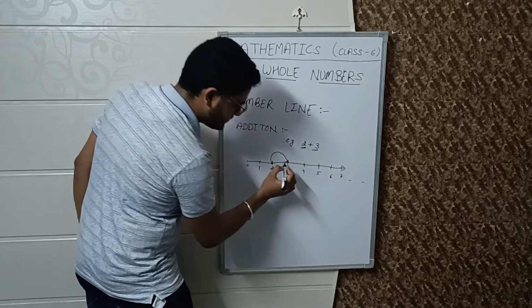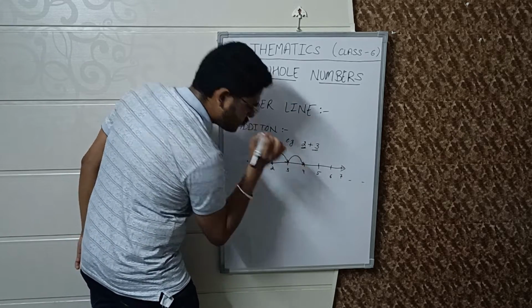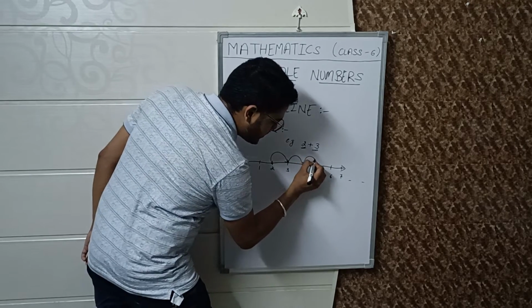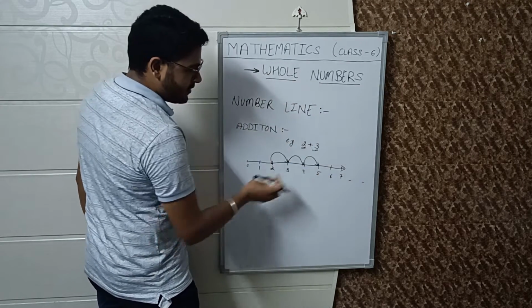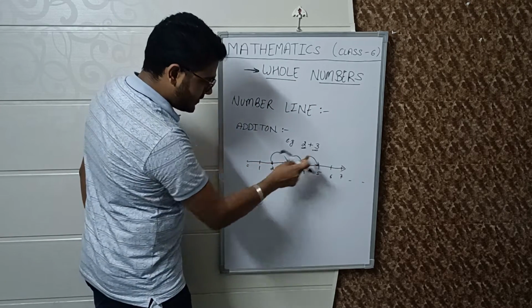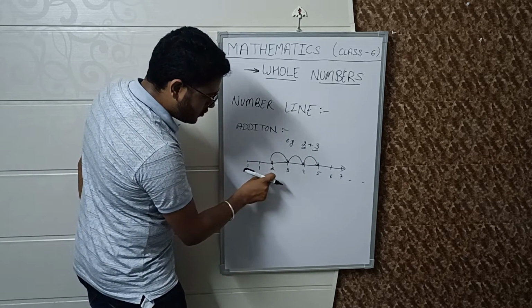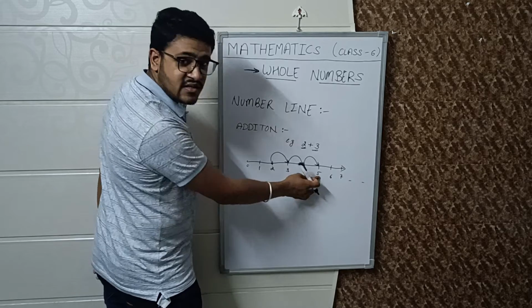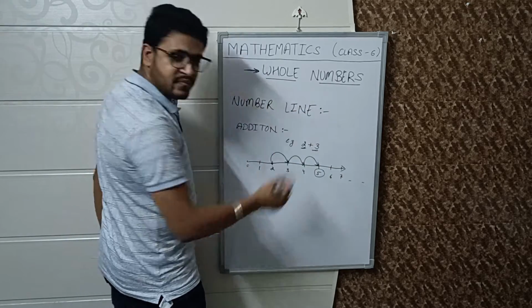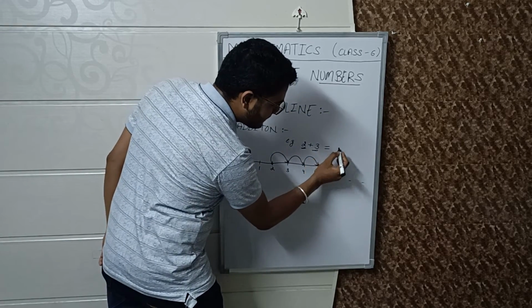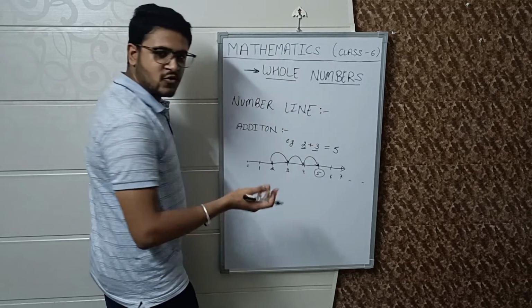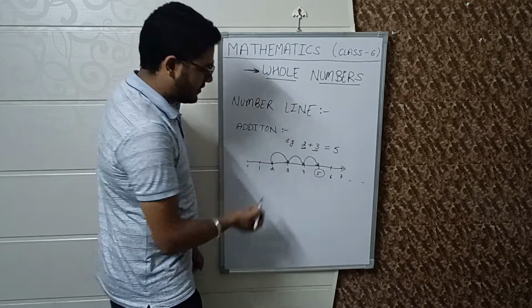Jump number 1, jump number 2 and jump number 3. Because we want to add 3, we did 3 jumps. After 2, we did 3 jumps and we reached number 5. So our answer is 5, right? You know 2 plus 3 is 5.